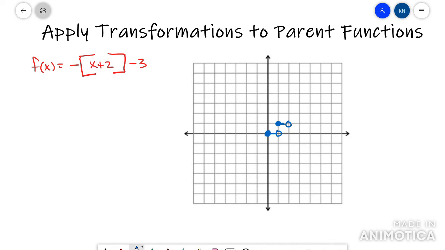That's important to keep in mind. Now, I'm going to find my new point of interest, set this part equal to 0 and solve it. This shift here is my y value. So I know at -2, -3, I have a closed circle.